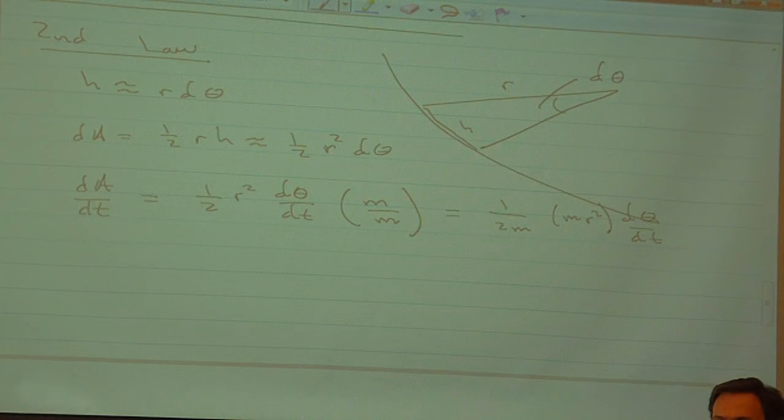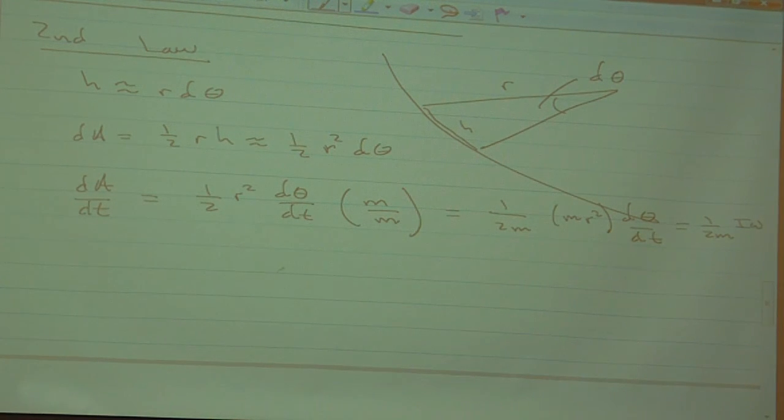M r squared, you all recognize, is the moment of inertia of a point mass. Right? D theta dt is the angular speed. So this is equal to 1 over 2m I omega, where I is the moment of inertia.